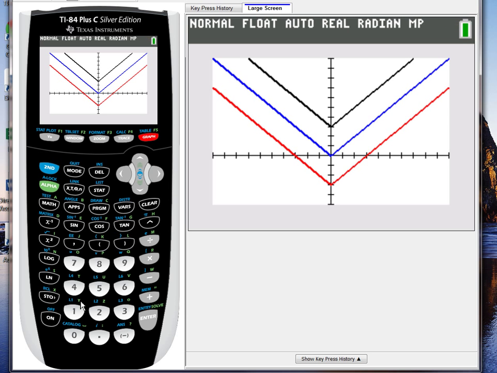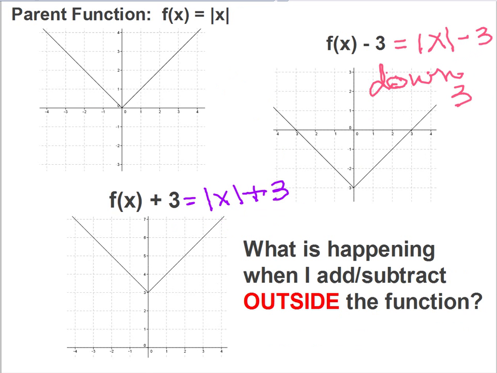Is that what you expected? For my parent function to go up 3 units? Again, notice the shape of the graph is identical, slopes stay the same, everything else. We just simply moved the graph up 3 units. So on my graph, adding 3 outside the function moved my graph up 3 units.